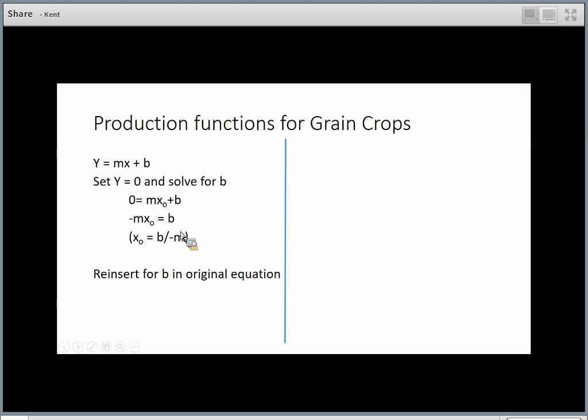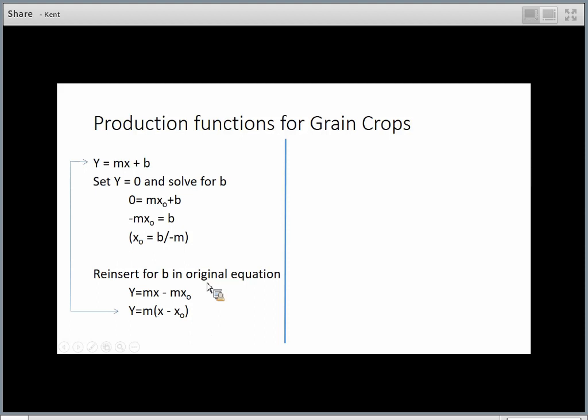So you can reinsert this b in the original equation. So y equals mx plus b would be the same as y equals mx minus mx0. You can bring the m out because both terms are multiplied by m. So factoring m out, y is equal to m times x minus x of 0.